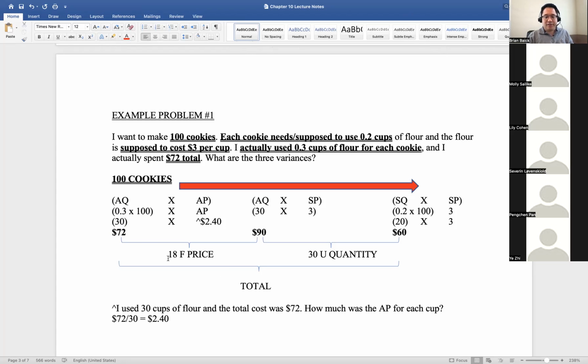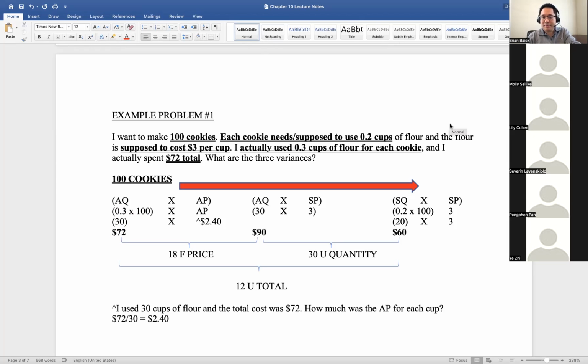Because you take 72 left to right, 72 minus 60, okay? 72 minus 60 is 12. It's a positive number. Positive means more. More cost is bad, 12U, okay?